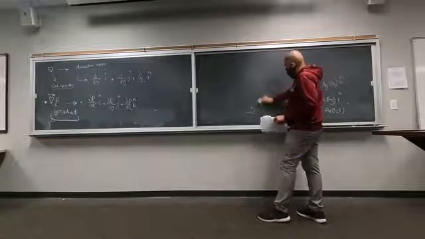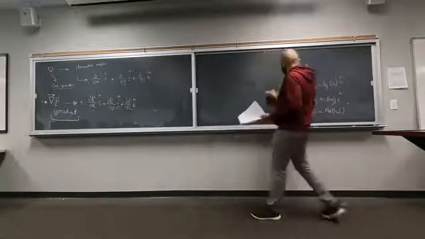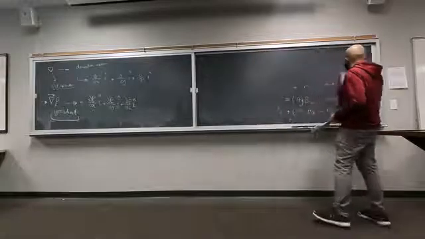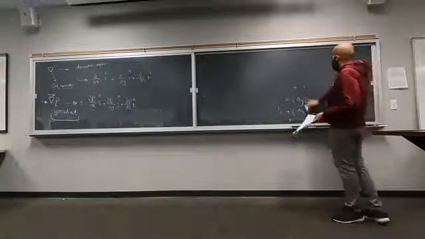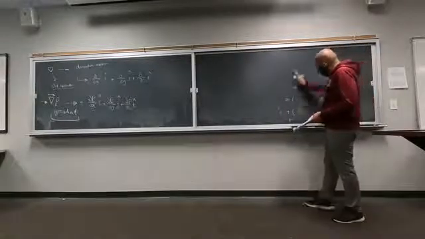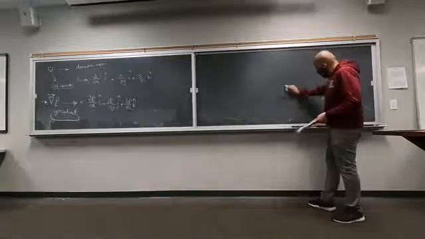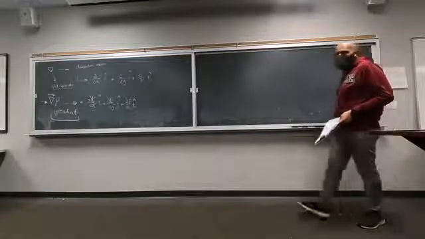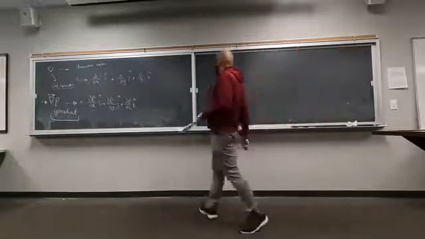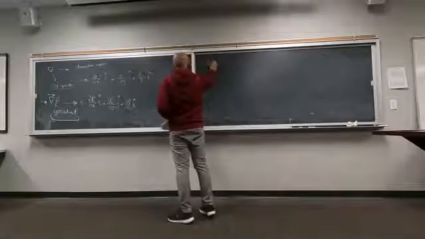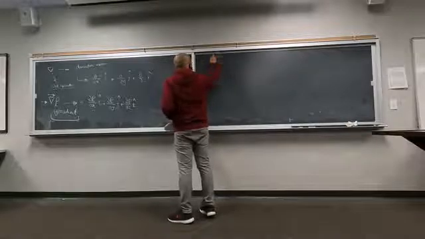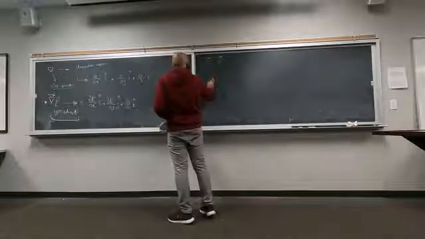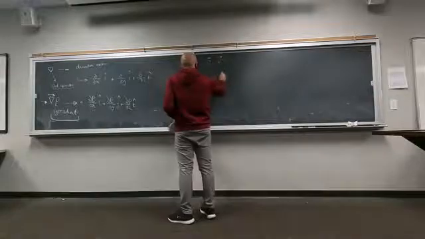The del operator is a vector by itself, and the other one, let's say, in fluid mechanics or aerodynamics, is the velocity vector. We're going to have two different forms of multiplication. One is going to be del dot v. The other one is going to be del cross v.